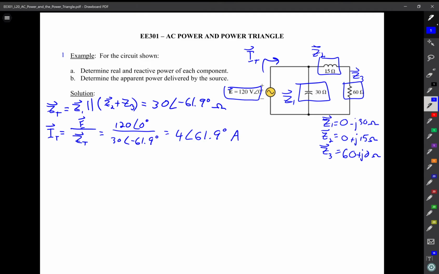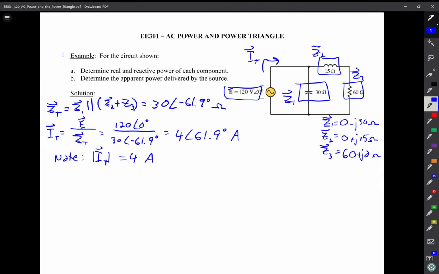All right. Note that the magnitude of the total current is equal to 4 amps. And we might use that later.